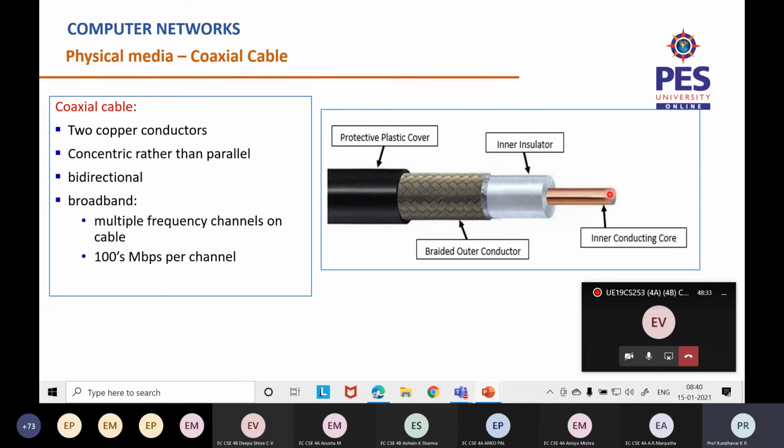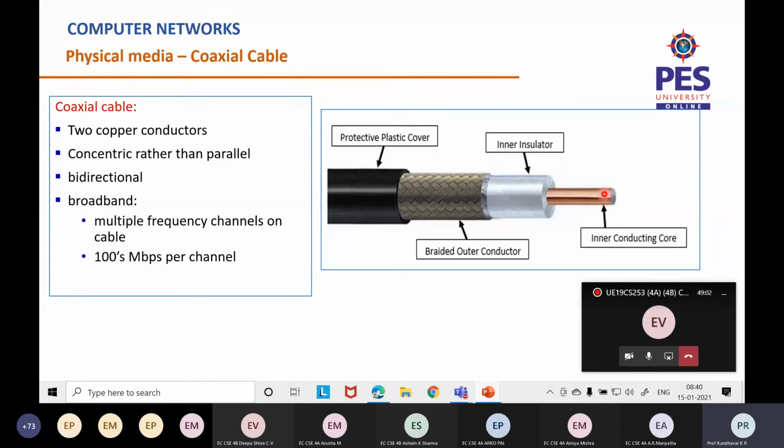Can you see the inner conducting core here? You can actually see one, but there are two copper conductors there. They are concentric rather than parallel. Unlike twisted pair, you cannot see two wires, you can see only one here, but they do the job of both incoming and outgoing, since there are two copper conductors inside.